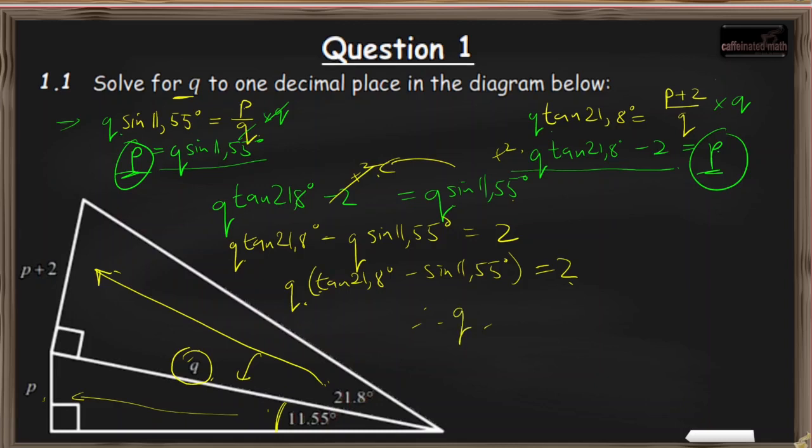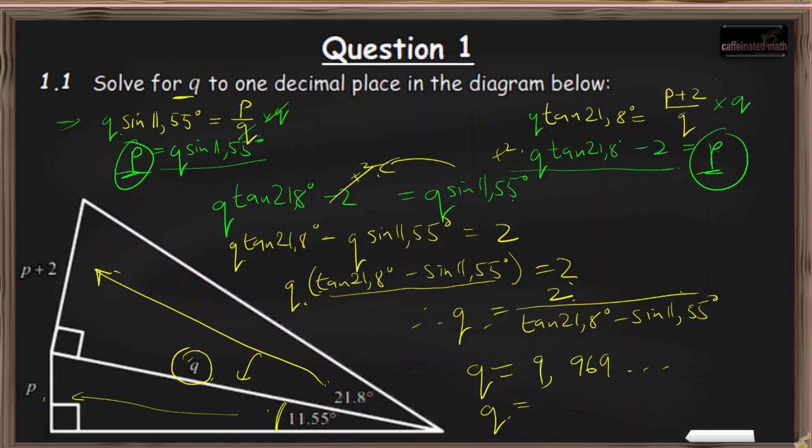Therefore, drum roll please, Q is going to cause some calculator work. We're going to divide by tan of 21,8 degrees minus sine of 11,55 degrees. Punch that in your trusty calculator, and you'll get something like 9,969.